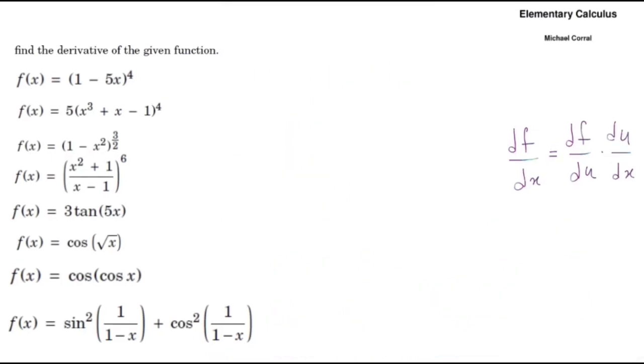The next function is f(x) equals 3 tangent 5x. So we consider 5x as the u function, so u equals 5x and f(u) equals 3 tangent u.